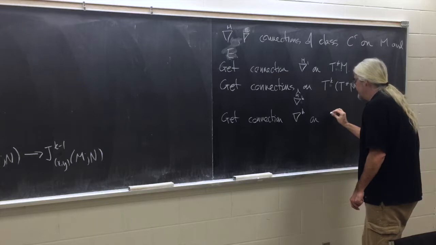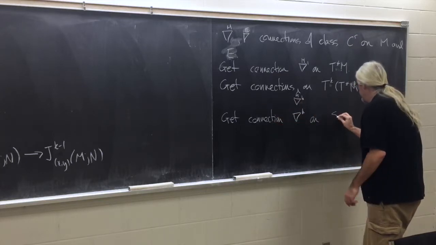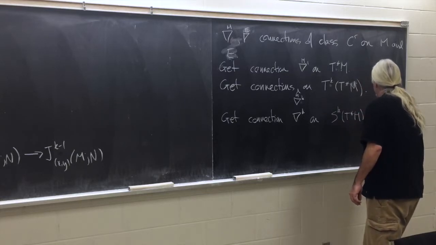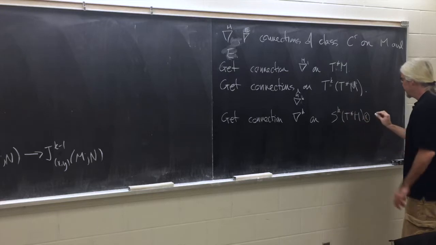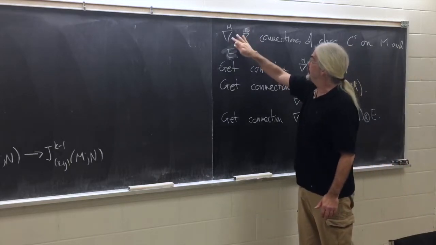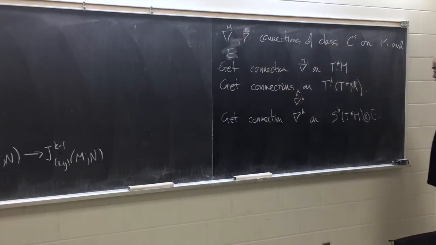So you get a connection on that object over there, on S^K T*M tensor, but now we're working with the vector bundle case, so it's tensor E. So by starting with these two connections, you get a natural connection here.